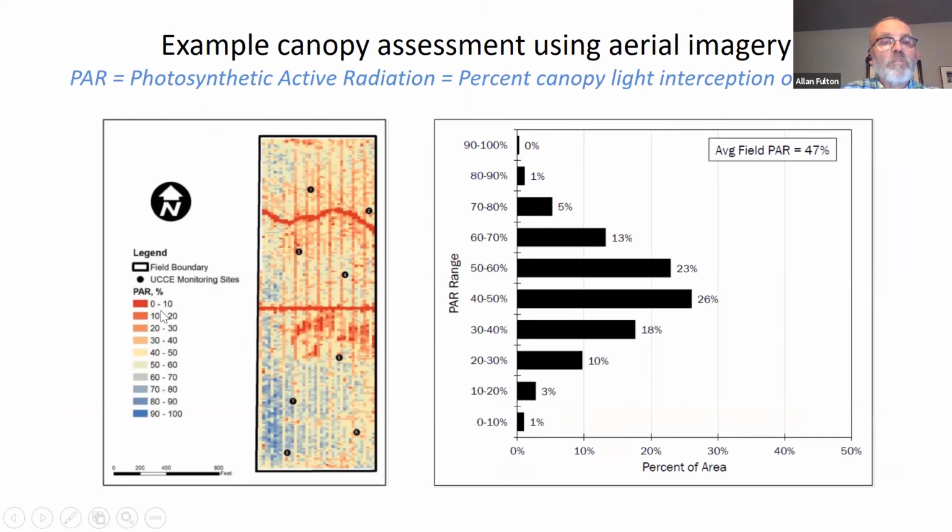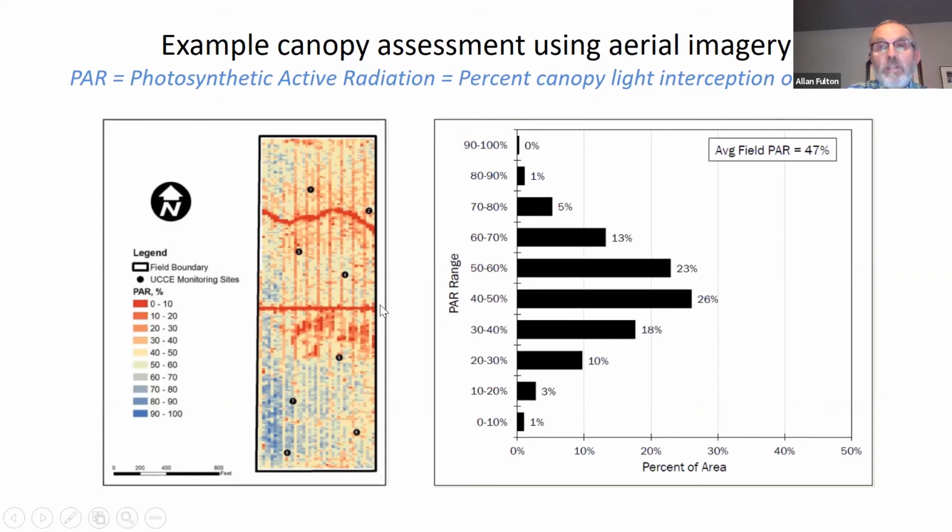The red colors represent areas with smaller trees and less canopy light interception. The yellows, beige, and kind of gray tones represent trees of increasing size and more canopy light interception, and your grays, blues tones represent the largest trees with the greatest light interception.